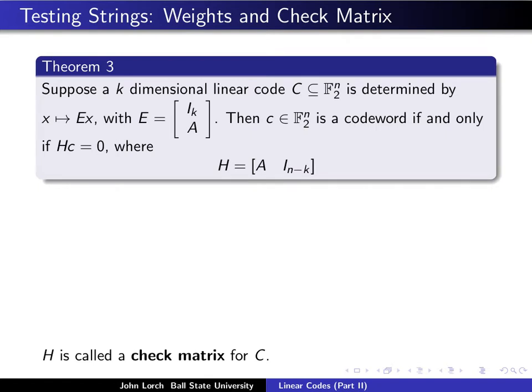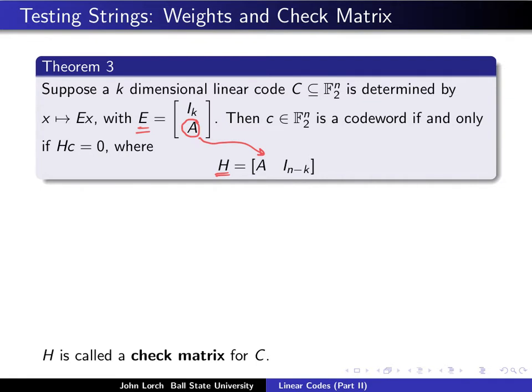It says that if we have a code determined by a matrix E, like this, and we then form the new matrix H in this way, by taking the matrix A, moving it here and placing it alongside the n minus k by n minus k identity matrix, then a string is going to be a code word if and only if H times C is the 0 string.